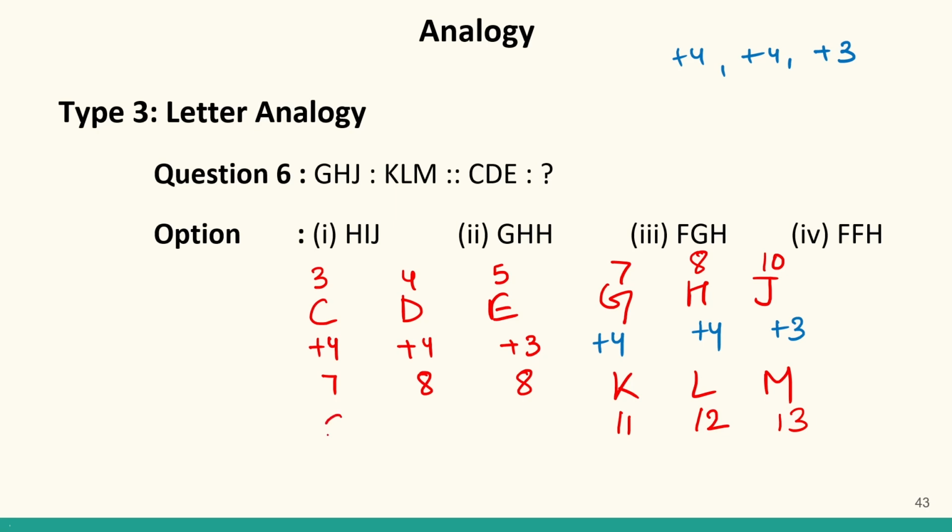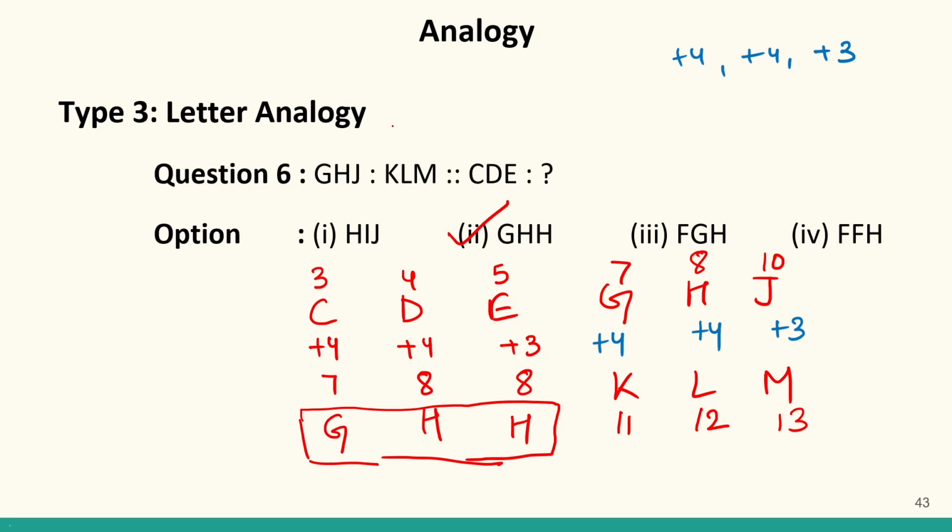So at 7th position, we have G. At 8th position, we have H for both of these terms. So my answer will be GHH. This will be the code. And GHH is in option number 2. So option number 2 will be the correct answer.